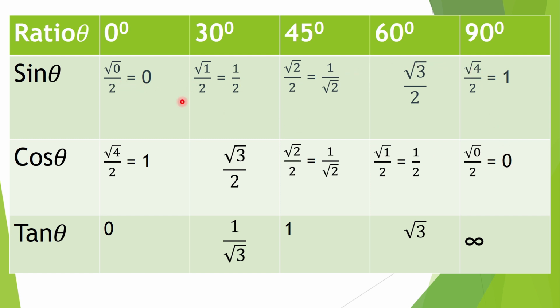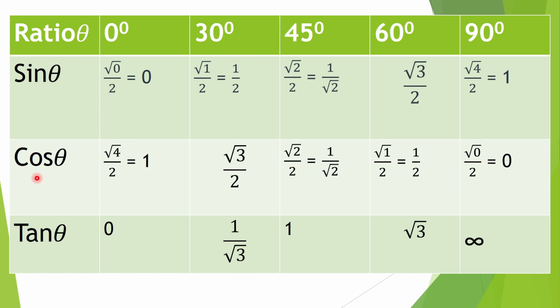This value comes over here and this value comes over here. So only if you remember this value, first under root 0 divided by 2, under root 1 divided by 2, under root 2 divided by 2, under root 3 divided by 2 and under root 4 divided by 2, you will remember all the table.